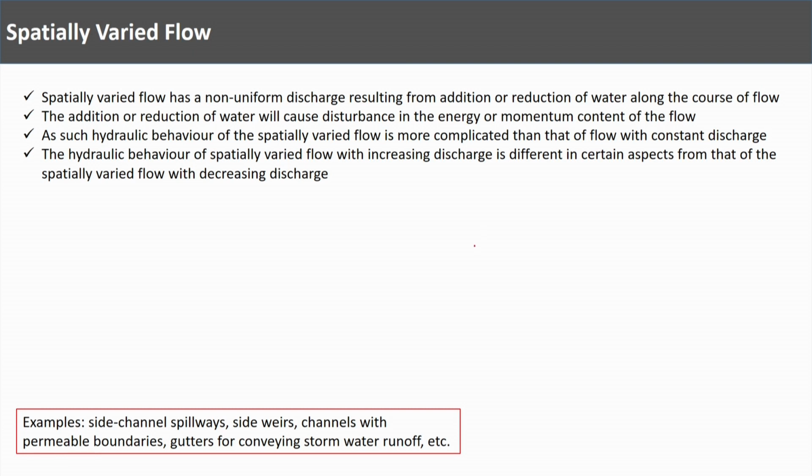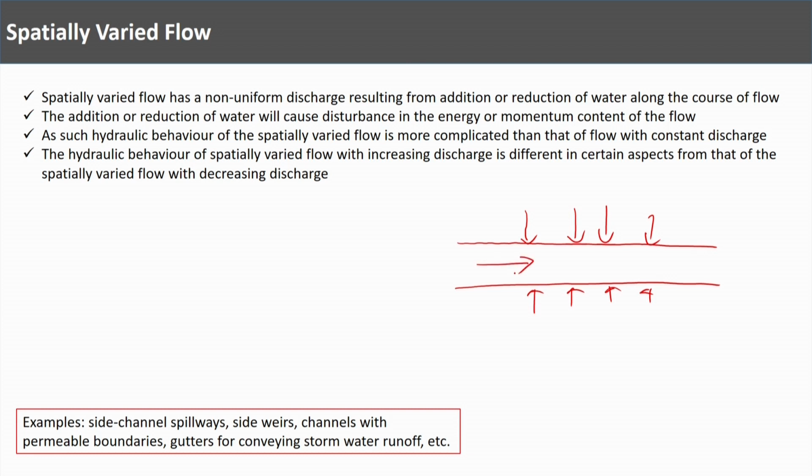If there is an open channel, and there is some addition of flow from the side or from the bottom of the channel, or there is a reduction, then the flow is varying spatially in this direction. In that case we call it spatially varied flow.